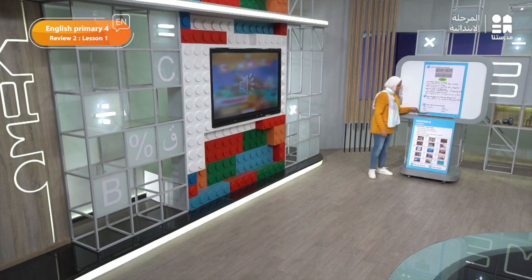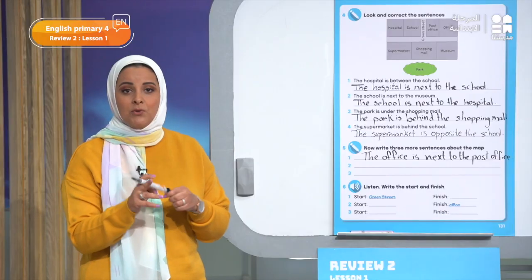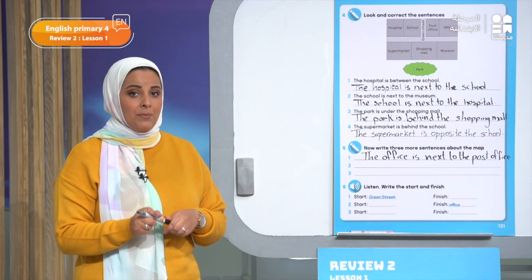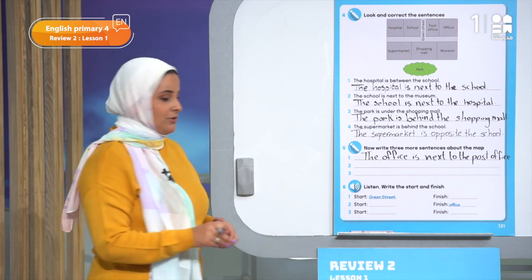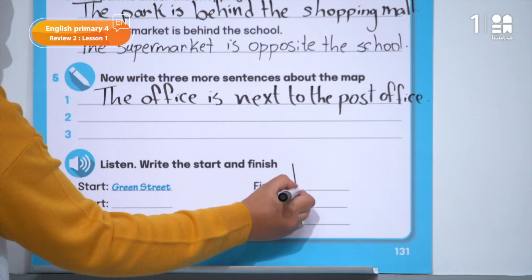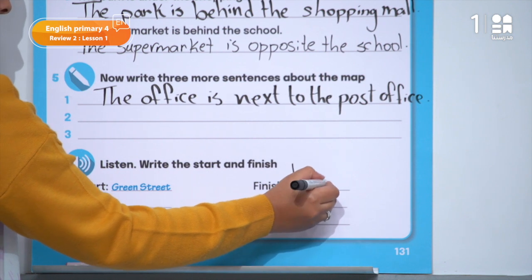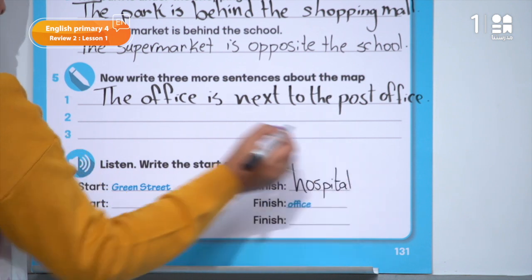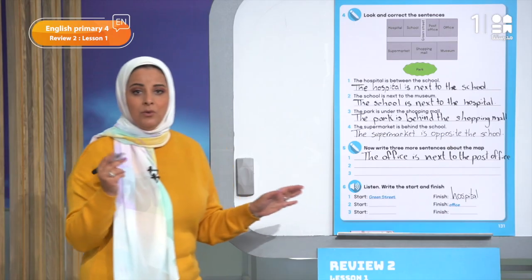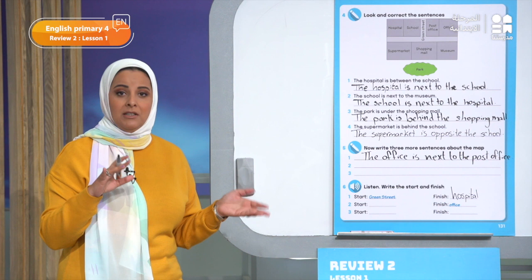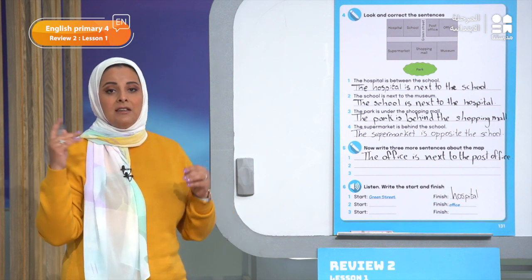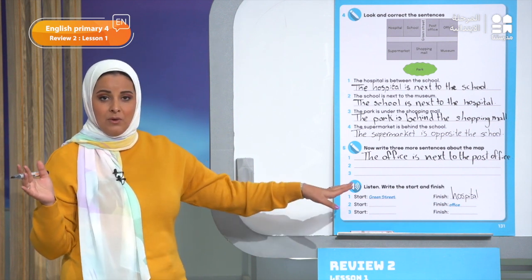So, number 1, the start was Green Street. Do you remember the finish point? Hospital. Very good. So, let's write it together. Hospital. Number 2, what was the start point? Hospital, supermarket, and the finish point was the office.